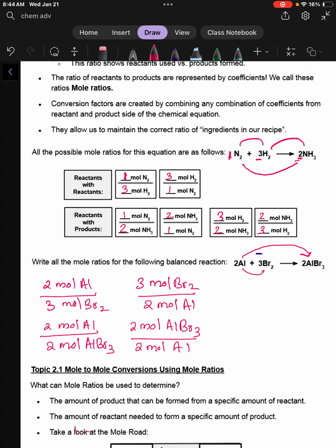Okay, if you are writing a ratio between these two, it will be what? You understand how to do that? If you are writing between these two, it will be 3 mole of bromine and then 2 mole of what? AlBr3. Then you can flip that, and you will get one more ratio.